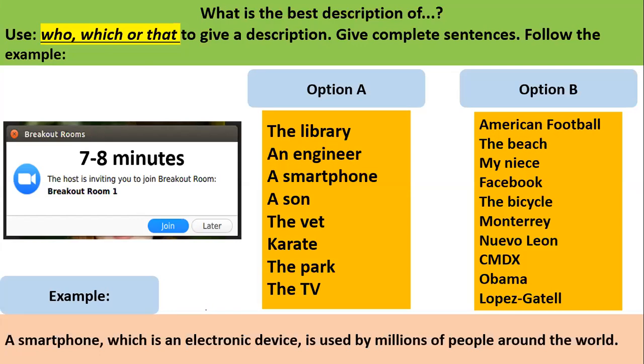I can refer to the vet as the person, and I can also say the vet for the place, the clinic of the animals. I don't exactly know why American people use the vet for both, but we can use it for both the place and the person.